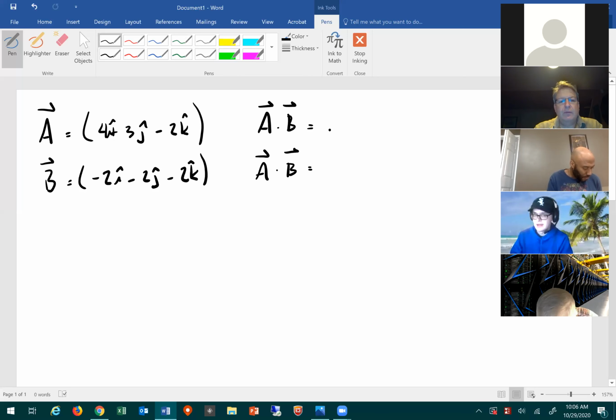Are we doing dot and cross product? Yep. Okay. That's easy.